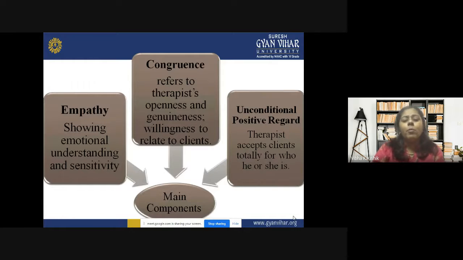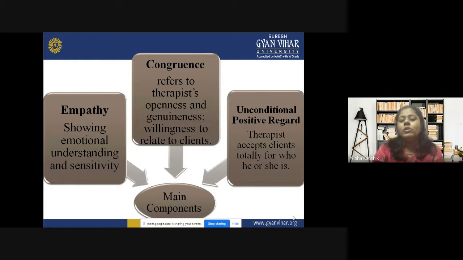Now the main components. The first one is congruence. It refers to therapist openness and genuineness, willingness to relate to the client. Second, unconditional positive regard.